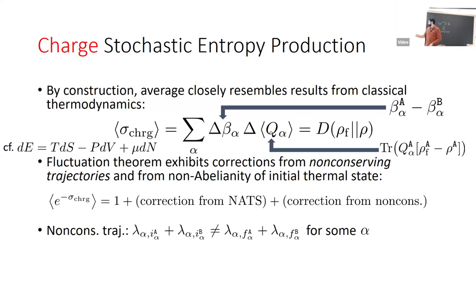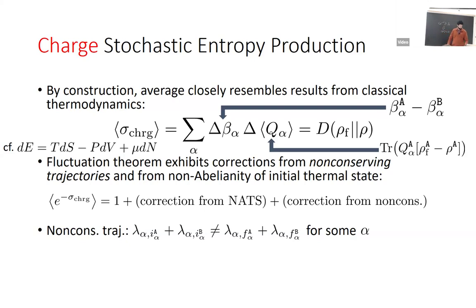So what are these trajectories? Just consider some alpha, so some charge, and consider this equation for its eigenvalues. We look at some I alpha and I alpha b, and we look at some FA and FB, and we ask, are these two quantities equal for some choice of indices? If they aren't, we say these indices, which remember just label our trajectories, correspond to a non-conserving trajectory, in the sense that the charge seems to be stochastically non-conserved.